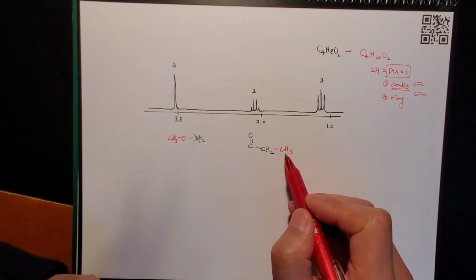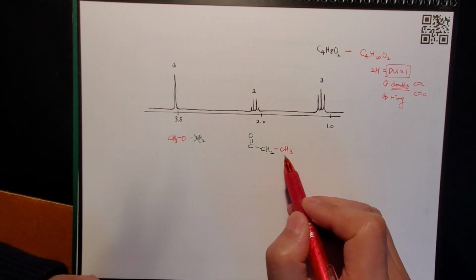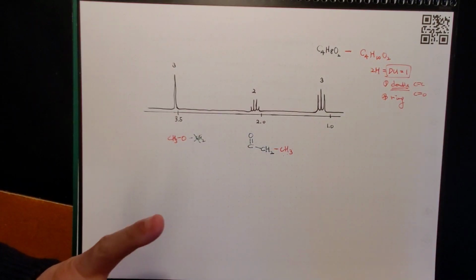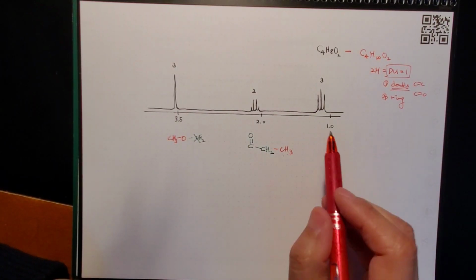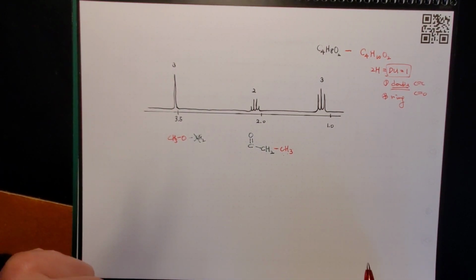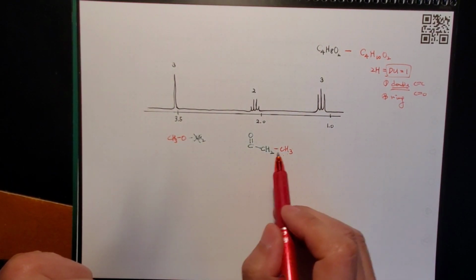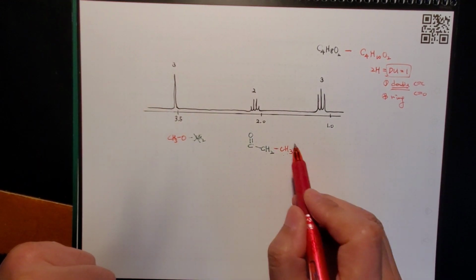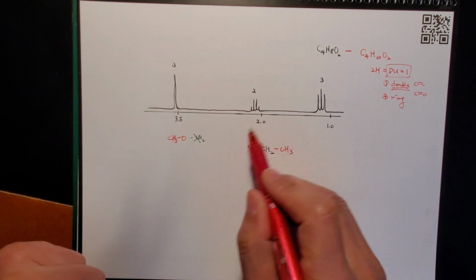Then I said alpha, beta, gamma. Gamma is almost the same as nothing. So you have a signal around 1 ppm-ish. So perfect, you're done. You found one piece, the other piece.